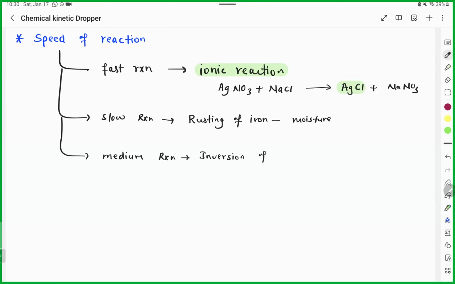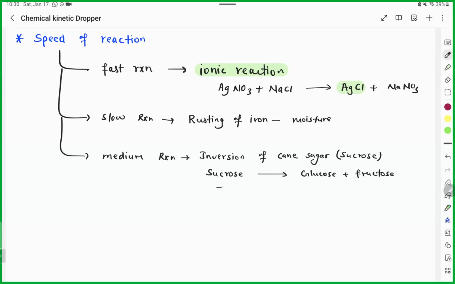Karthikya, what is cane sugar? Sucrose. Very good, sucrose. Marinder, what is the meaning of inversion of cane sugar? Sucrose converts to glucose and fructose.